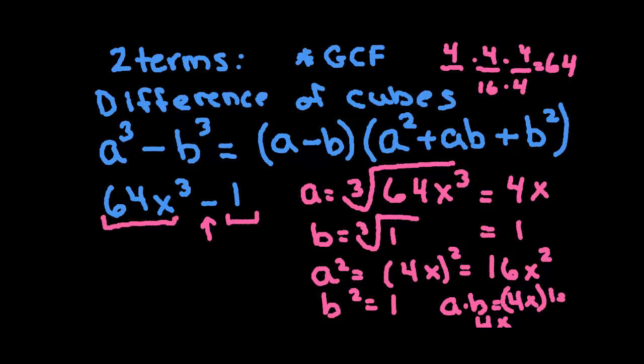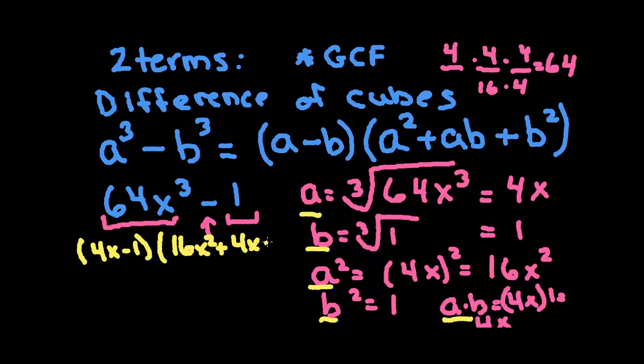Now we can plug it into our formula, now that we've found each of the individual pieces. And I recommend writing out each of the pieces. It makes the problem much easier to do. So we're going to have a minus b, so that's 4x minus 1, times a squared, 16x squared, plus ab, which is down here, 4x, plus b squared, which is 1.